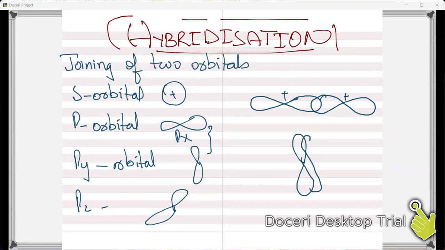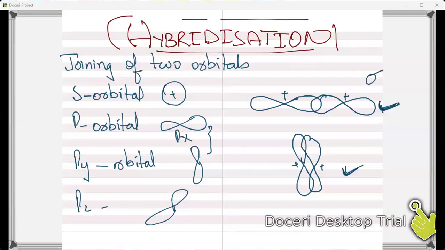I'm never satisfied with the orbital shapes I draw, but it's okay. Now, can you tell me what we name this type of joining and this type of joining in chemistry? There's a specific name on the basis of the way these two orbitals are joining together. Yeah, excellent. That's absolutely right.